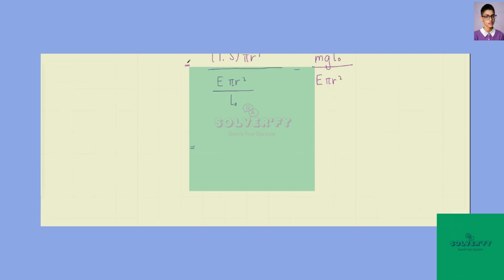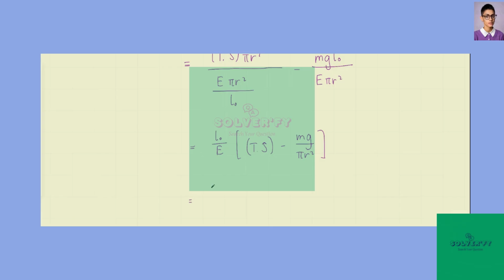And so this we can write as L naught over E times the tensile strength Ts minus mg over pi r squared.